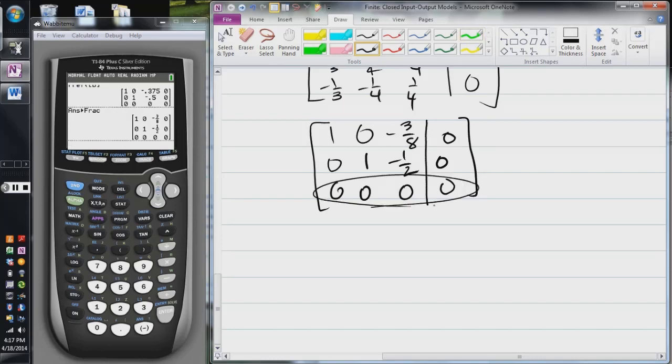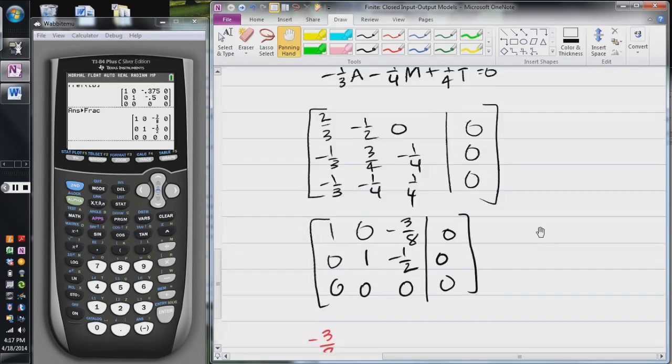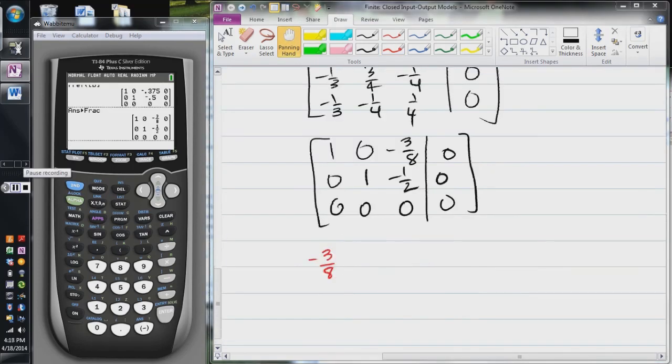If we look at this last line here, what that tells me is that there are infinitely many solutions, and if I use the last variable as my parameter, then I can represent the first two. Looking at this again, negative 3/8 represented transportation.